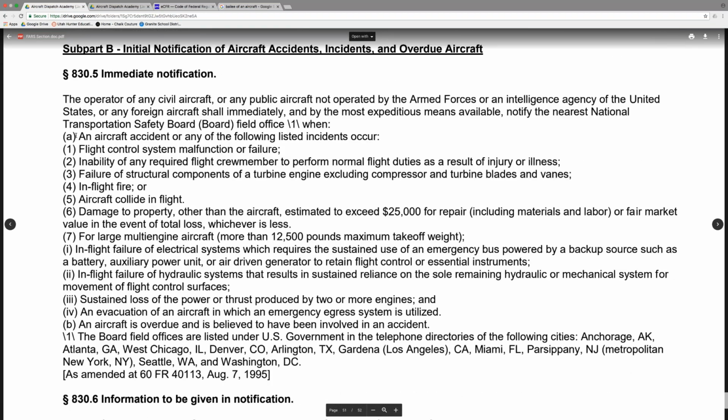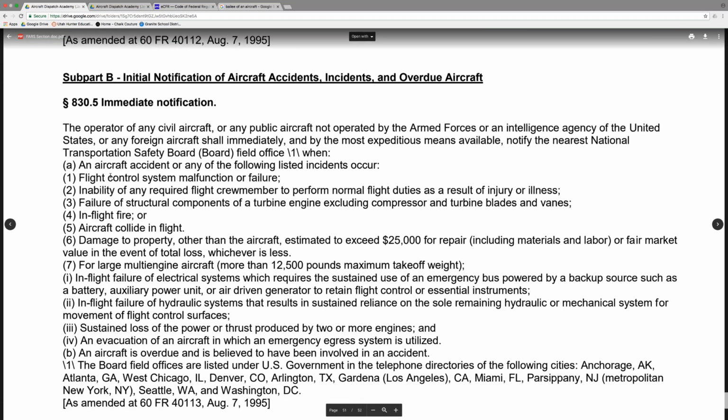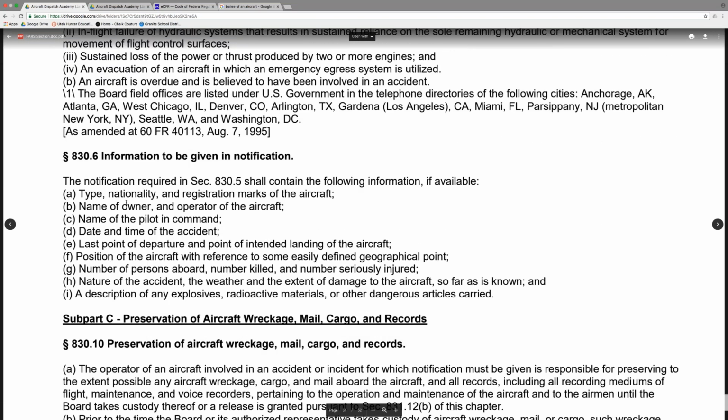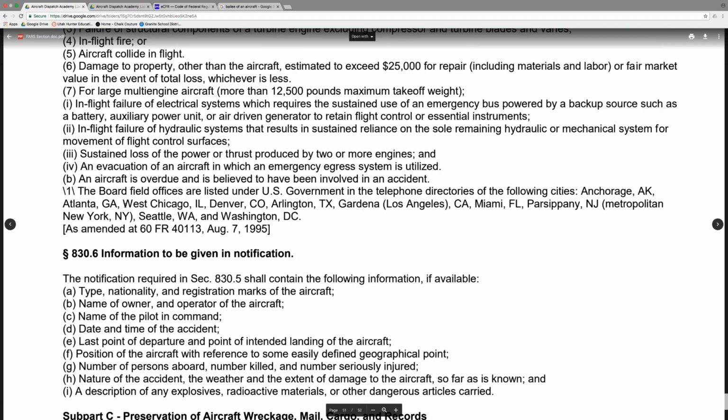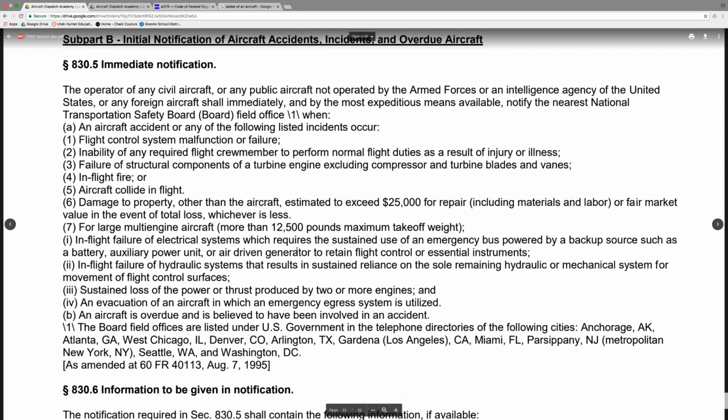So this is what we have to do to notify. This is our requirement. I don't know that we need to go into depth with any of this.